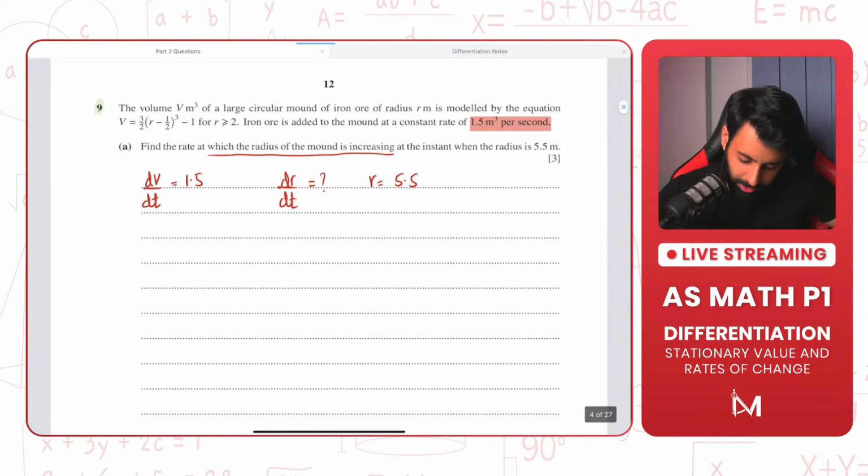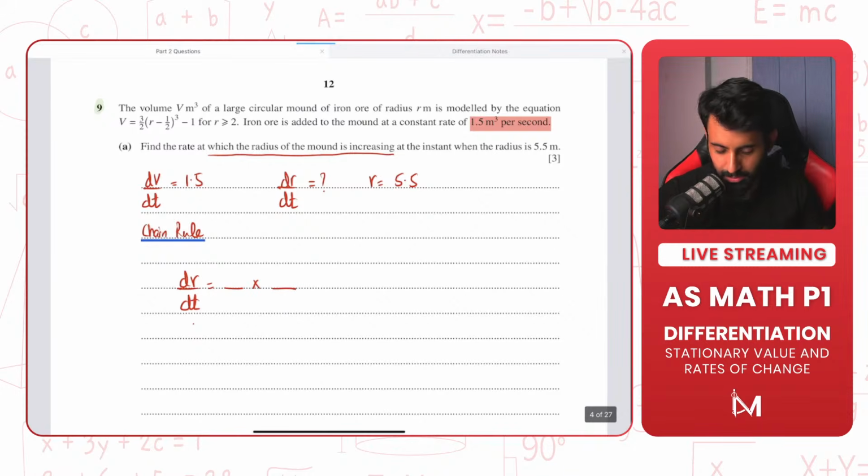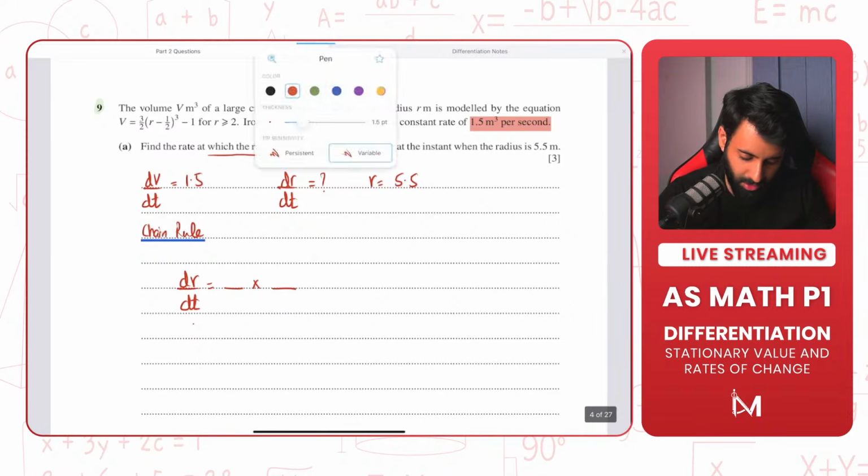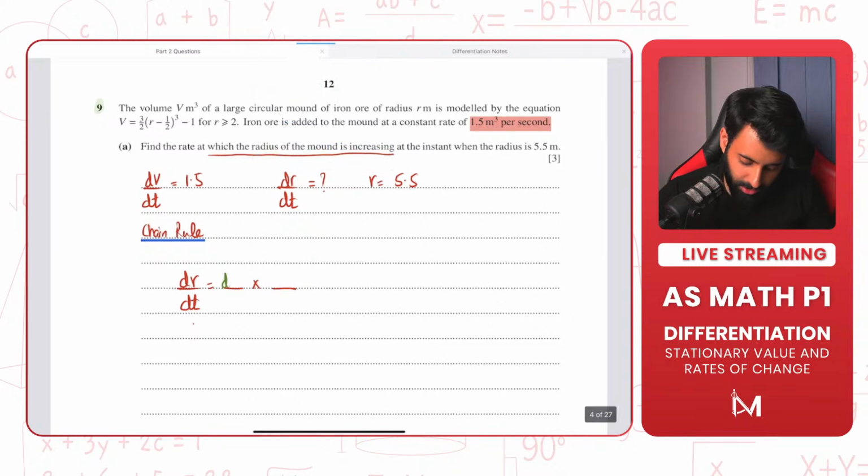So here's what we are going to do. First of all, we're going to make something called the chain rule. How do we make the chain rule? There's a standard way of doing so. You write down what you want, which is dr/dt. This will come as a result of multiplying two fractions. The numerator of the first fraction is going to be dr, the denominator dt, same as this one.